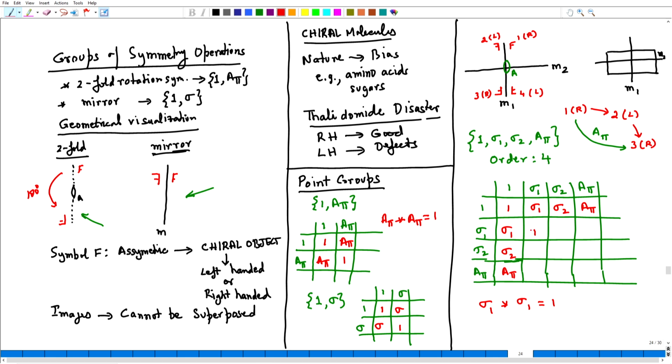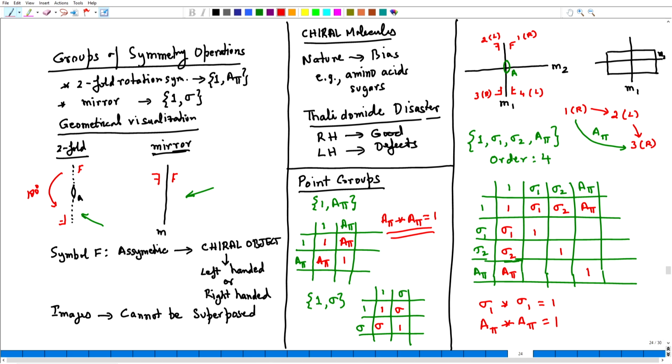So, identity 1, sigma 2 followed by sigma 2 is identity 1, and A pi followed by A pi, a 180 degree rotation followed by another 180 degree rotation, that we have already seen would be identity. Therefore, this will also be identity.